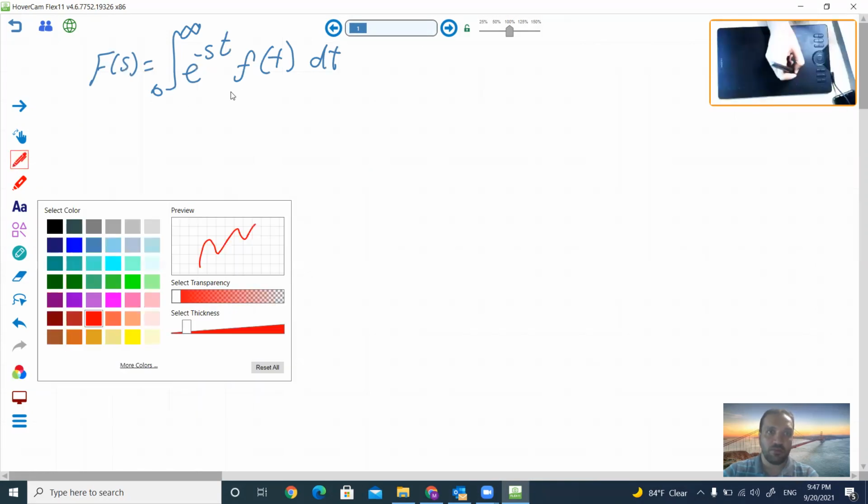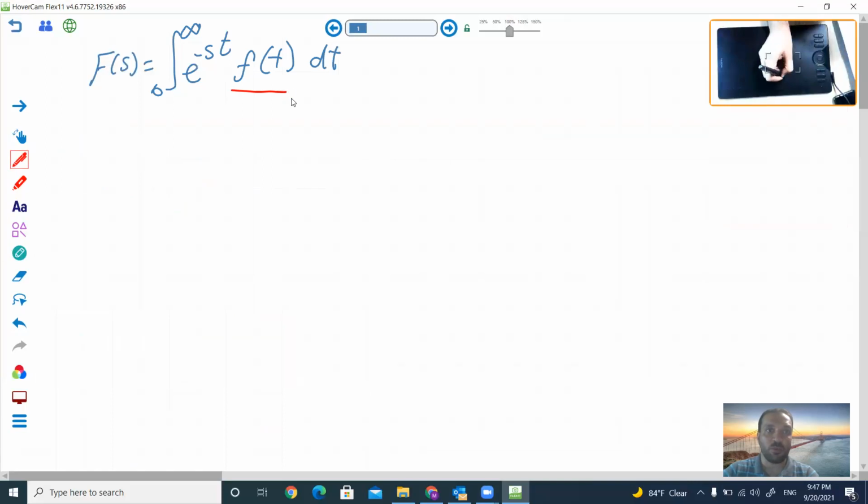This is the function that we have in the time domain, so we will transform it into the s domain.